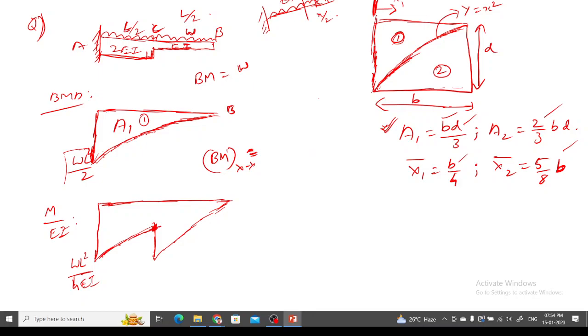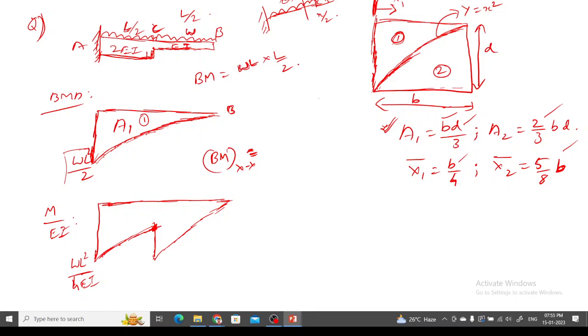Yeah, okay. You are saying you are finding W into L into L by 2, something like that, right? Yes, sir. W into L by 2 into L by 2. Yeah, that also you can do. So W into L will be the total load and it is acting at a distance of L by 2. That is what you are saying, right?